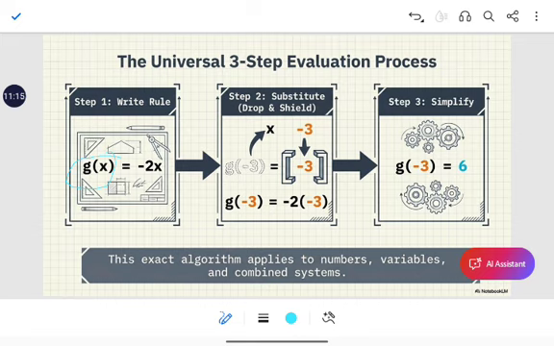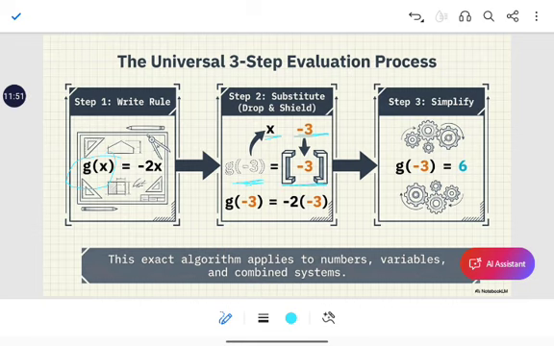Good. So step 2, substitute, drop and shield. Pay attention. You put the value of x given in place of x. So if x is equal to negative 3, you drop the x from here and put negative 3 here. Then you put it in brackets.